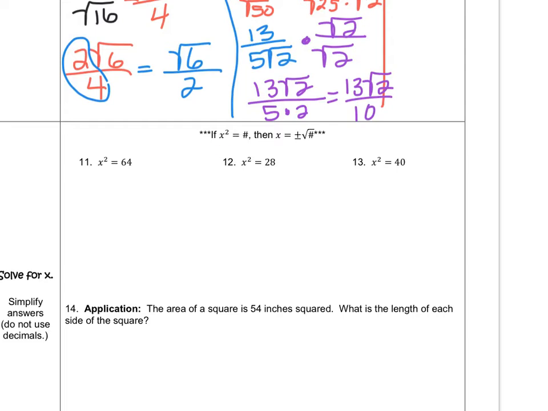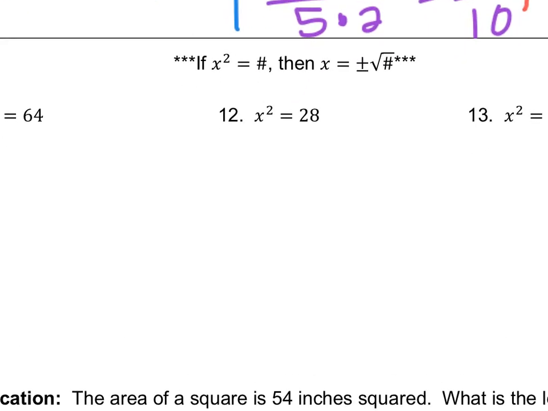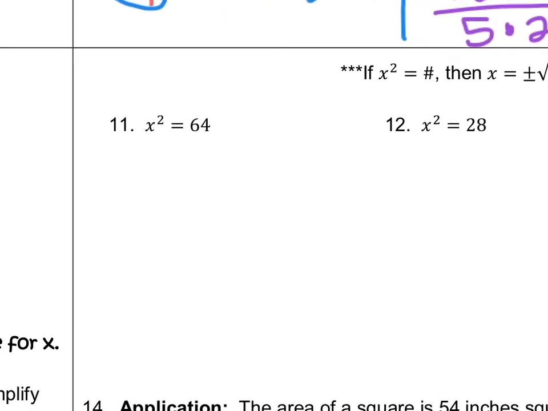So when I say x squared equals 64, if I take the square root of both sides so that I can get what x equals, then what I've got is the square root of x squared and the square root of 64.